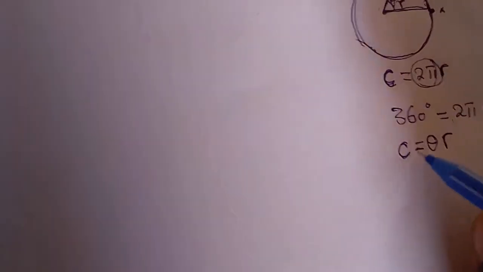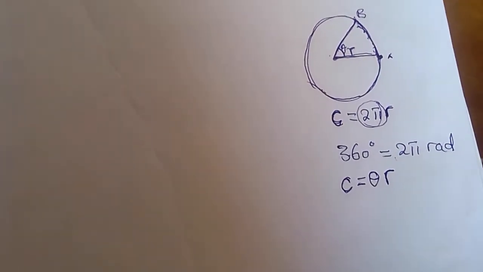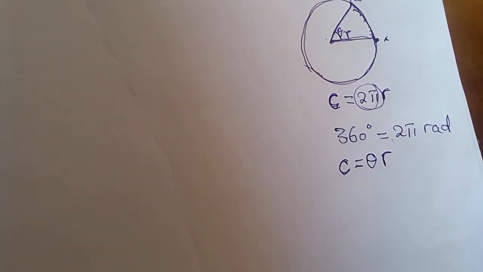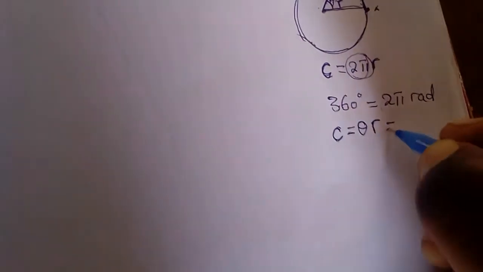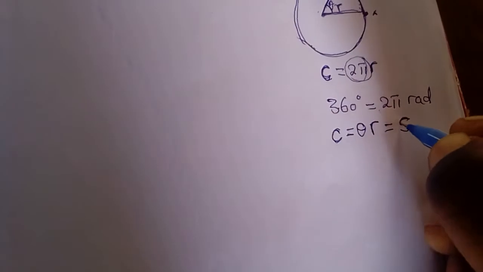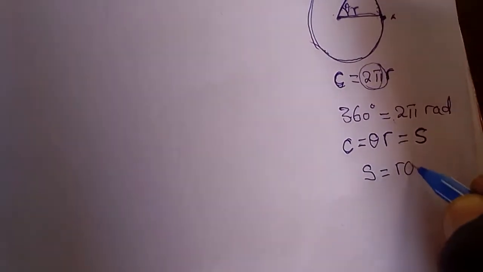Now this C here is the circumference, or the distance that has been covered. And distance can be represented by another letter, which is S. So we can say that S is equal to r theta.